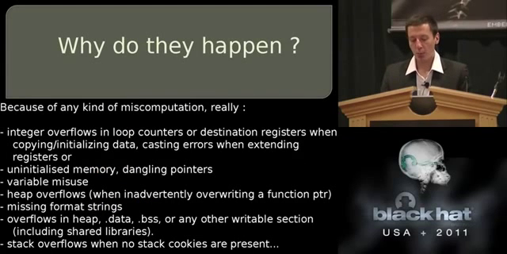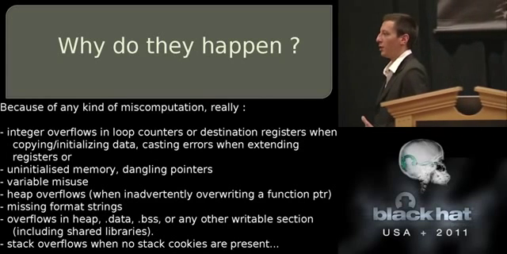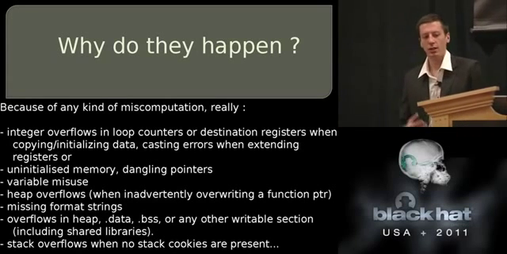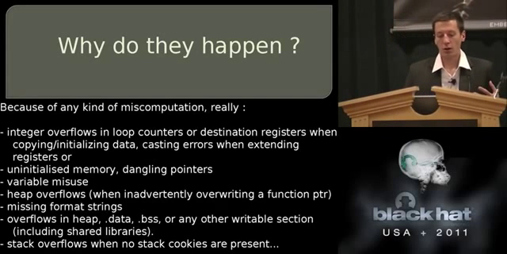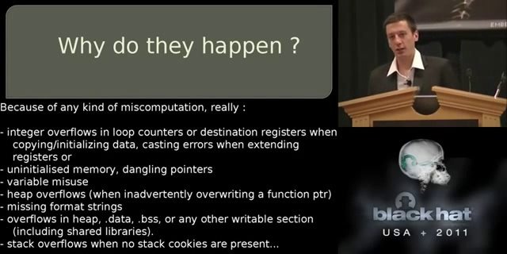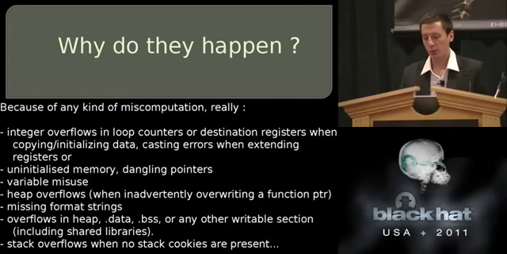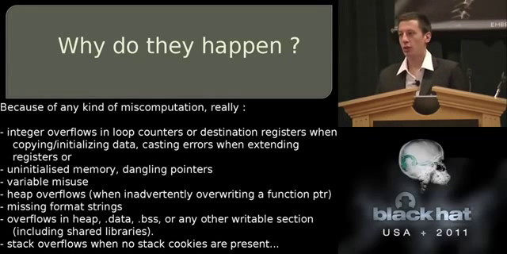Why does this happen? Segmentation fault can happen because of any kind of memory corruption. It can be integer overflow, uninitialized memory, or variable misuse. It can be pretty much any kind of vulnerability which later on triggers a segmentation fault.